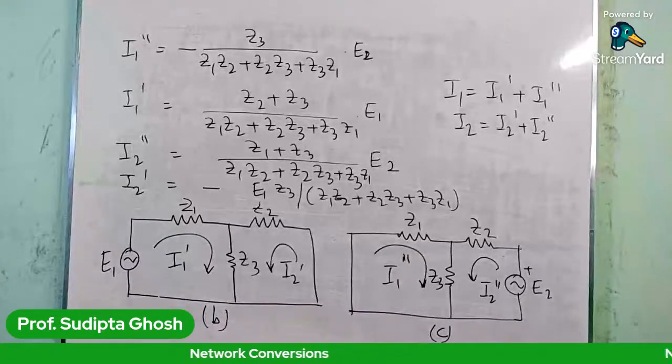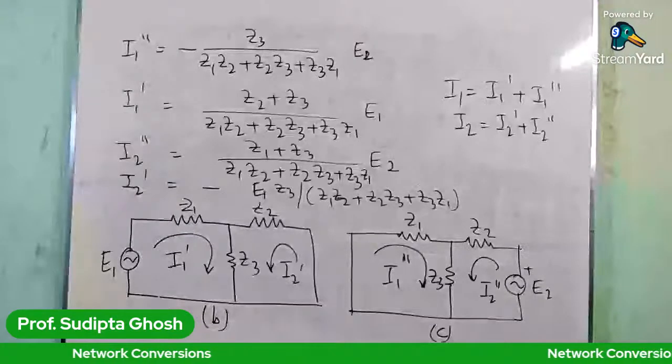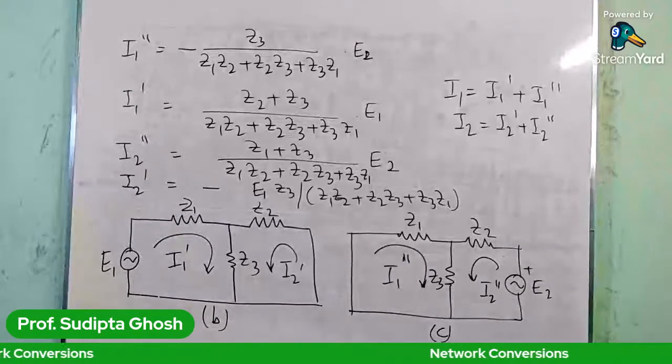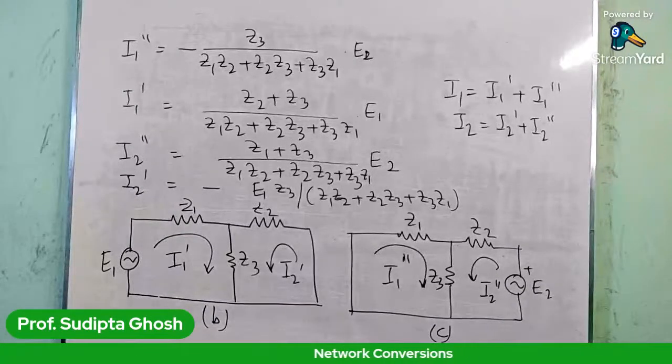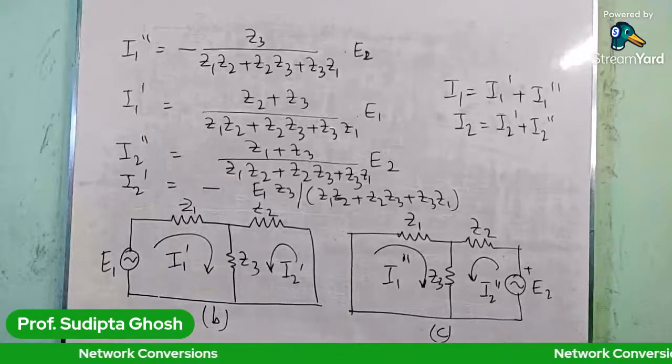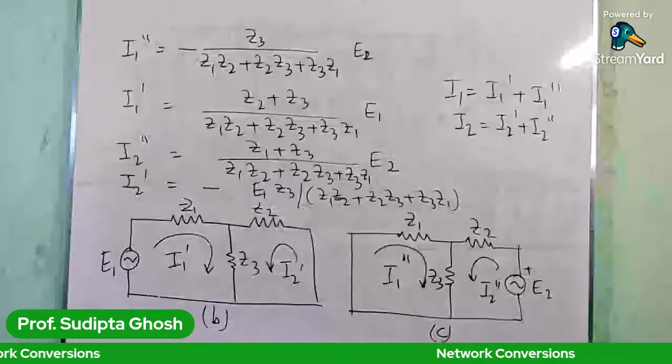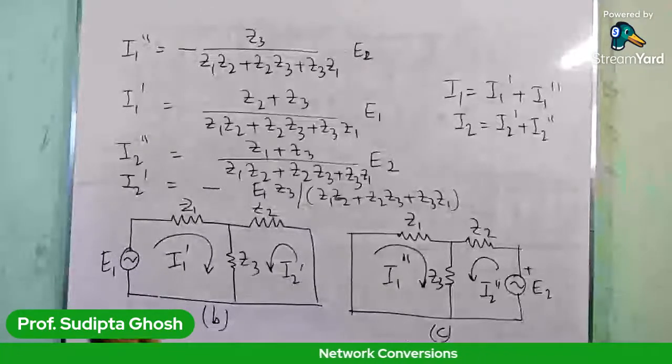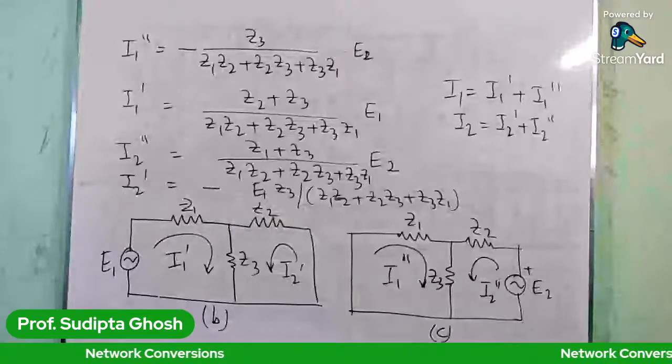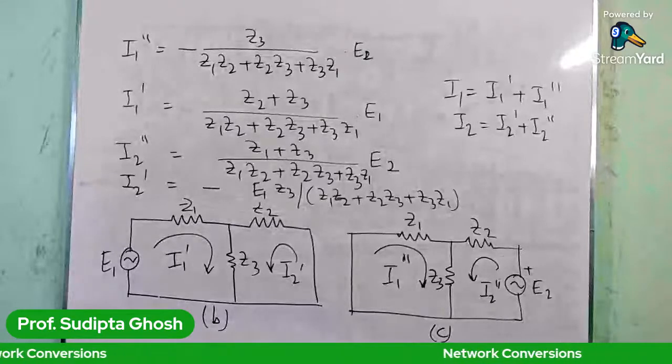Now, if we compare term by term with equations 3 and 4, where the different values of currents I1 and I2 are given, we can find that the total current proves this theorem.